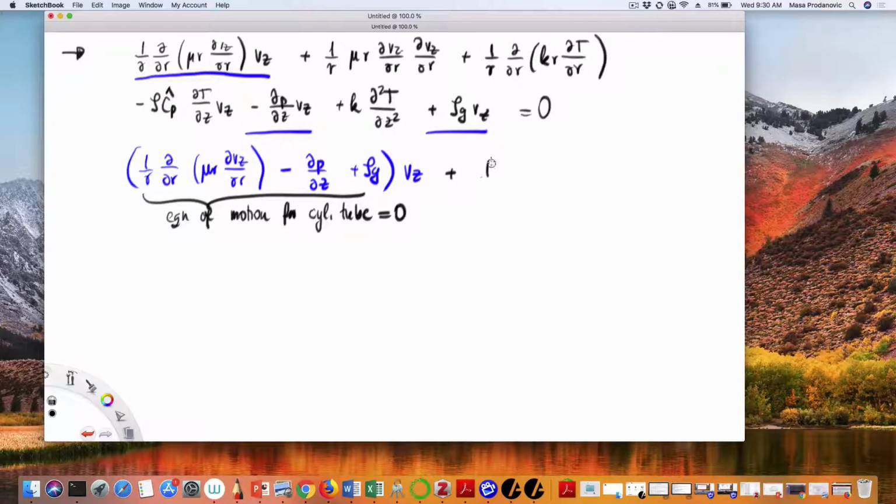So mu, 1 over r mu r, so that's mu d squared/dr squared.